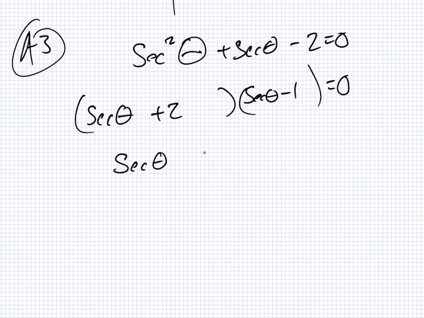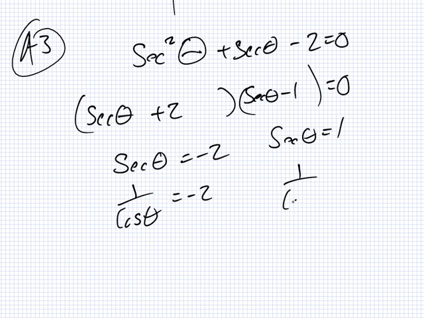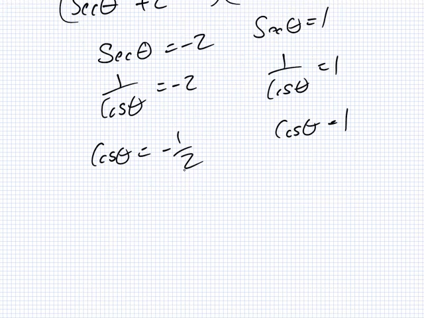So secant theta equals minus 2, or secant theta equals 1. That's 1 over cos theta equals minus 2, or 1 over cos theta equals 1, which means cos theta equals minus a half, or cos theta equals 1. What's cos inverse of minus a half?